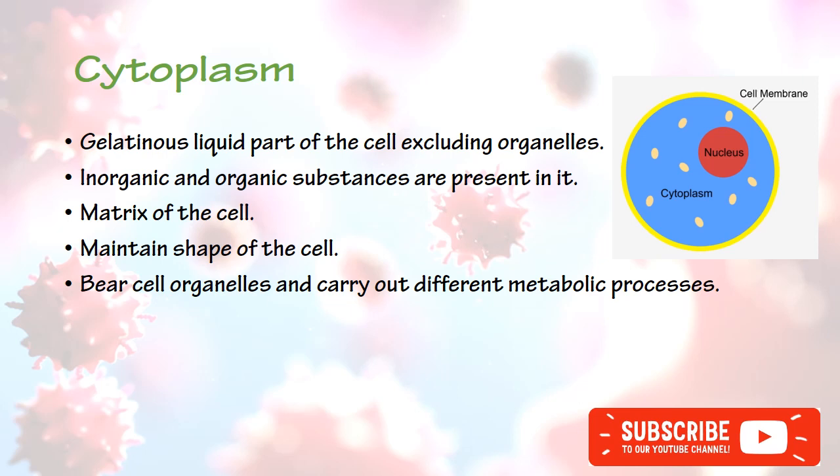It also bears cell organelles and carries out different metabolic processes. It contains inorganic and organic substances. Also, children, the cell wall, plasma membrane and cytoplasm are the structures which maintain the shape of the cell.